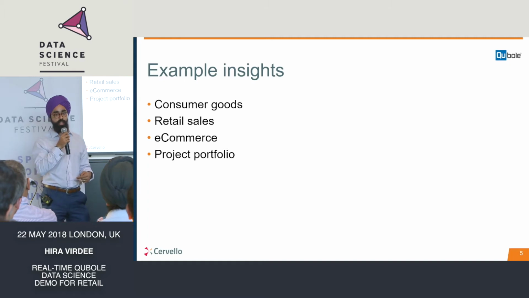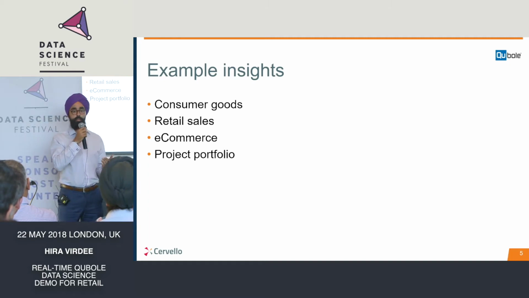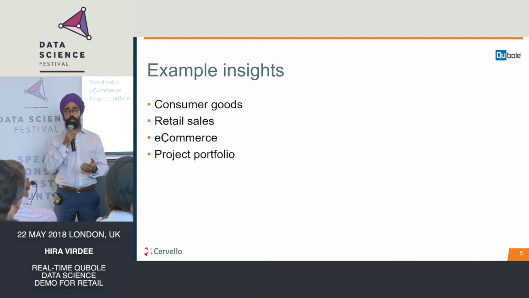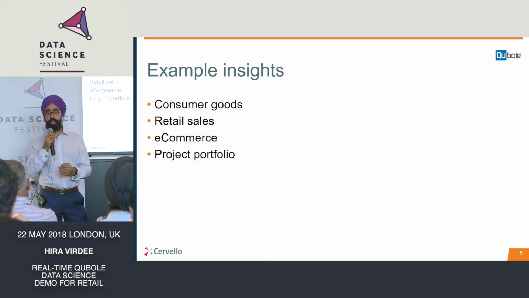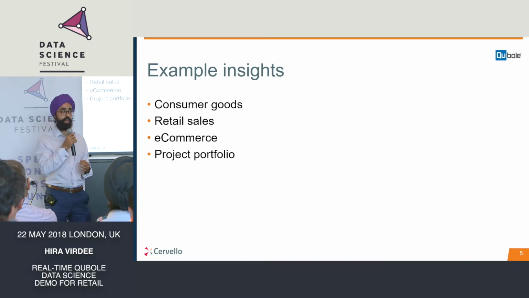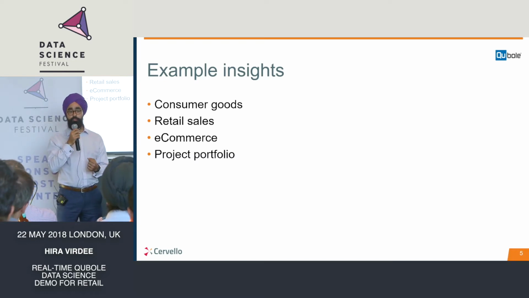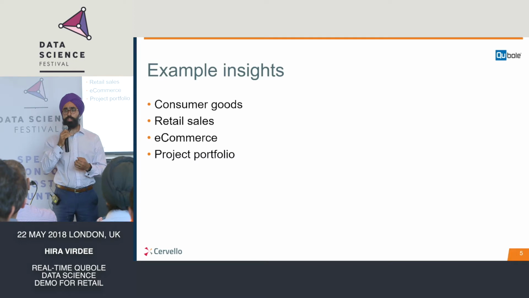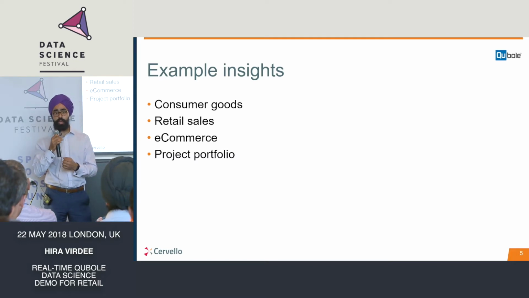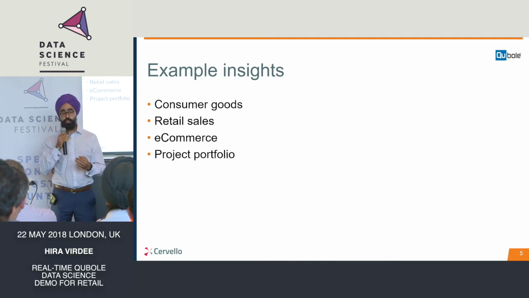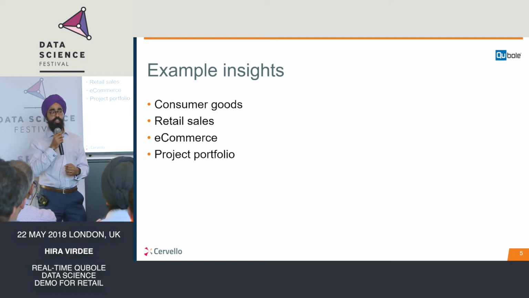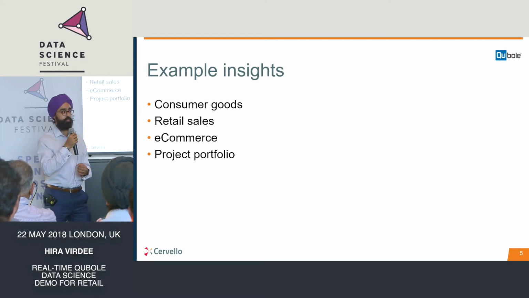So an example of that is with a particular CPG company. From their normal BI reporting, we managed to extend that to include information on sell-in and sell-out, and kind of figuring out how their promotional activity affected that. What we managed to figure out was how their promotional activity impacted sales into distributors, sales out of distributors, and it's focusing on those kind of business problems that I think is really key in this era of big data.